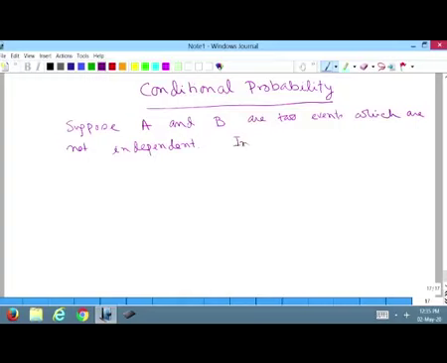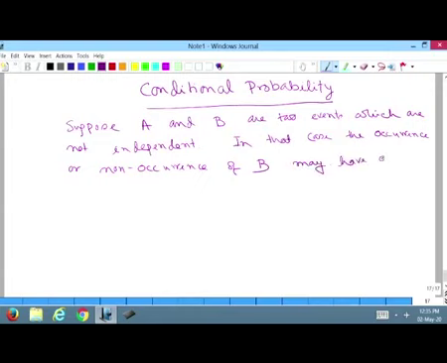In that case, the occurrence or non-occurrence of B may have an effect on the occurrence or non-occurrence of A.